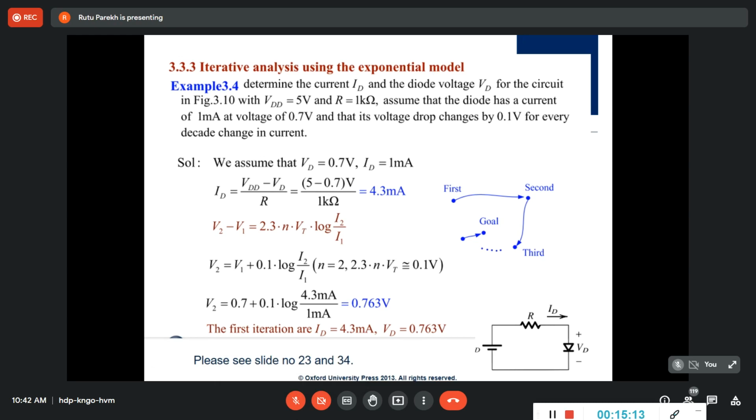So input voltage you are giving, and you are getting a current, and that current is a representation of your signal. That is the information that is propagated. Information is passing through all the circuits, so that means current is passing.